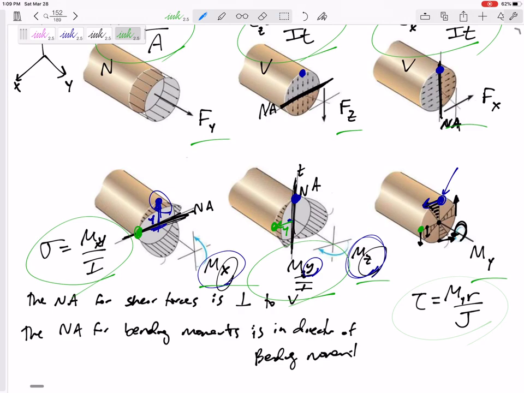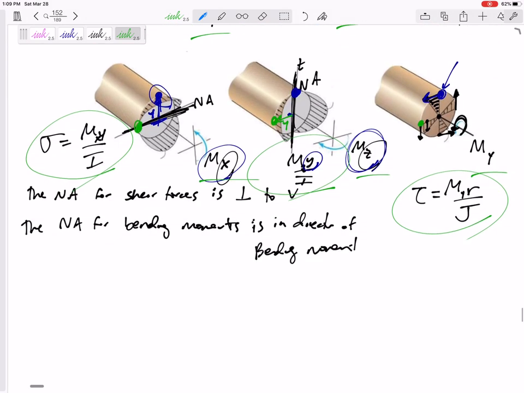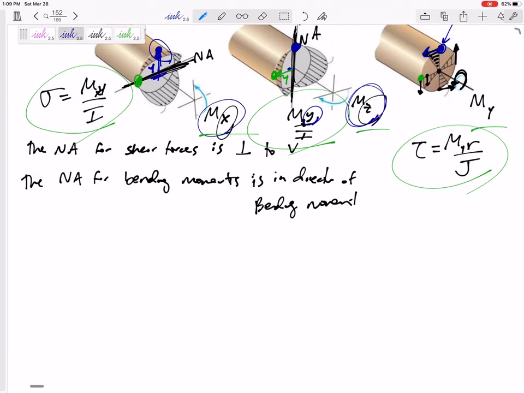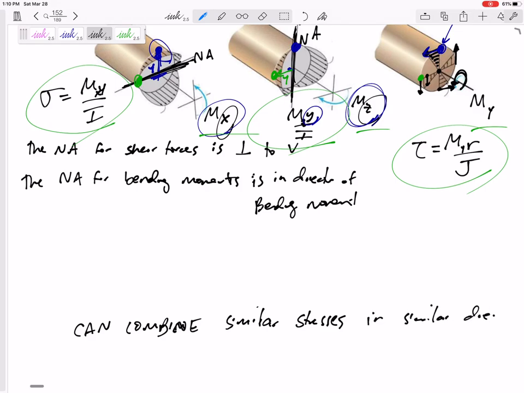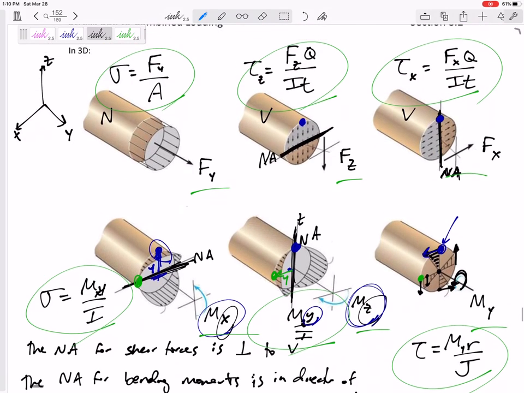Okay, I'm going to come back to this. We can combine similar stresses in similar directions. We can combine normal stresses in the same direction.